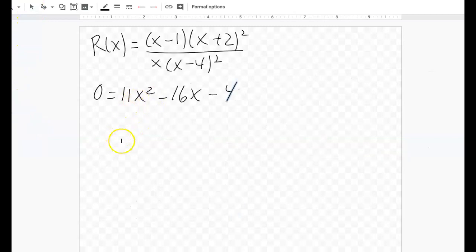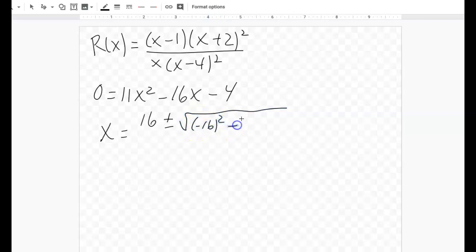Alright, so I've rewritten our problem so we have more space. Let's go ahead and use the quadratic formula. This is going to be x equals 16 plus or minus the square root of negative 16 squared minus 4 times 11 times negative 4.